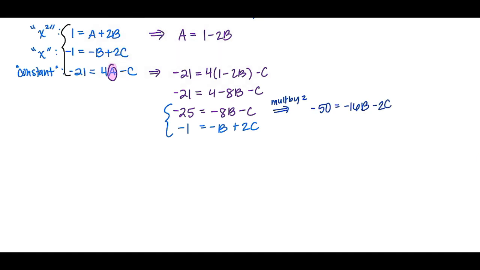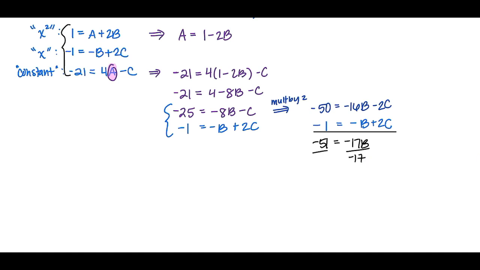And the bottom equation was the same, -51 equals -b plus 2c. Now it looks ugly, but nice stuff's going to happen right now. When I add down, I get -51 equals -17b, and that's it because the -2c and the plus 2c cancel.